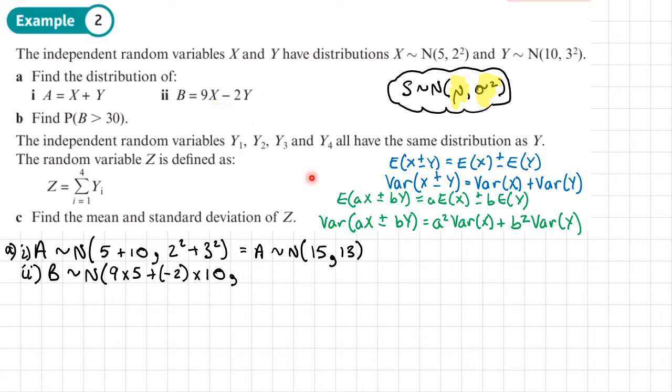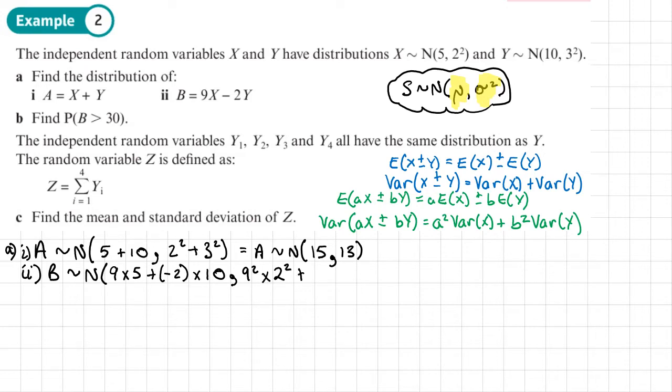Now to find the variance of this new distribution, I need to do A squared times the variance of X. So it's going to be 9 squared times 2 squared, not plus, times 2 squared.